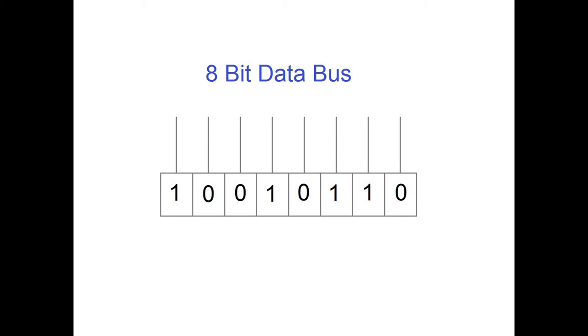Now you can't do very much with a single memory location, just holding a value of either 0 or 1. So the first PCs, introduced by IBM, made with the Intel 8088 chip, had memory stored in 8 blocks of memory at the same time, and they were connected to the central processing unit using an 8-bit data bus.